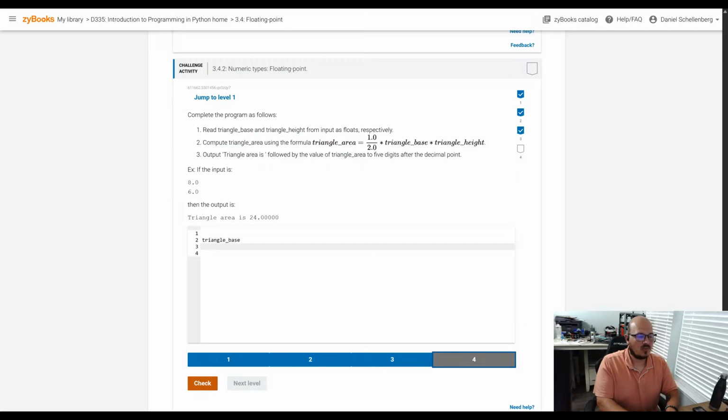So it wants 2 variables, triangle base and triangle height, right? And it wants to have those read as input, as a float. So we will take an input as a float.